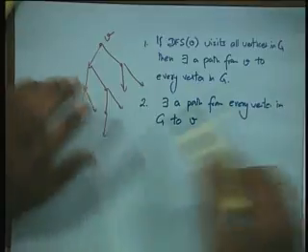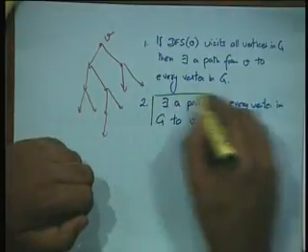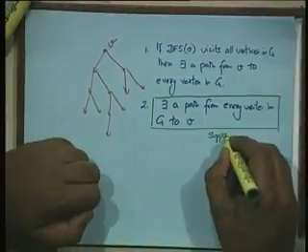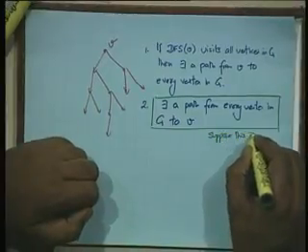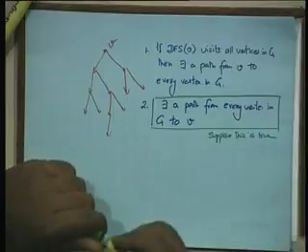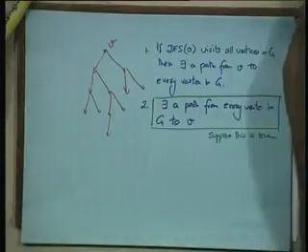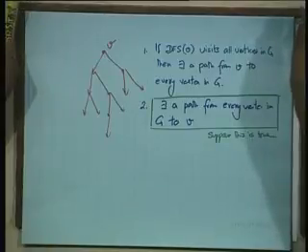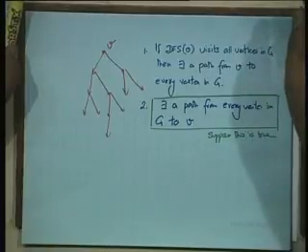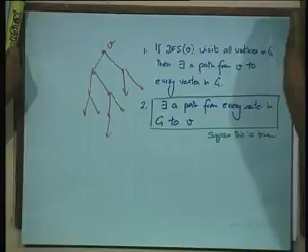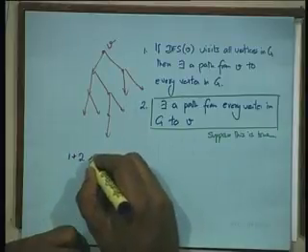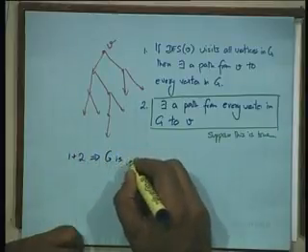Let us assume this is the case, suppose this is true, that is, there is a path from every vertex to v as well. Then does that imply that the graph is strongly connected? So basically we are saying 1 plus 2 implies G is strongly connected.